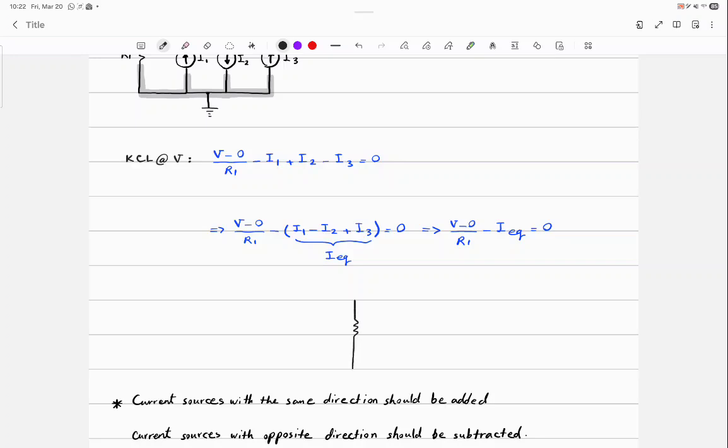So first a resistor, then a current source, okay, let me do this.